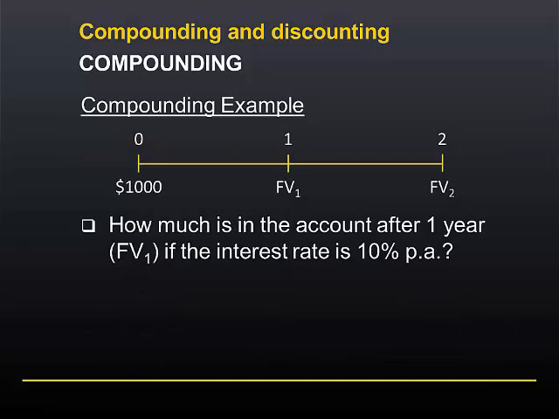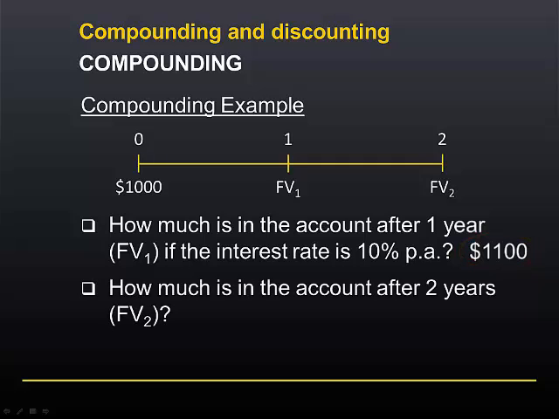Let's do a compounding example, which will be basically repeating one of the calculations that we did in the previous module. If you deposit $1,000 into a bank account paying 10% interest, how much will be in the account after 1 year? The correct answer is $1,100. The original $1,000 plus $100 interest.